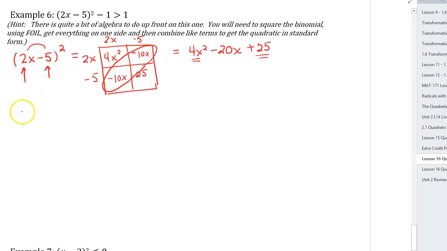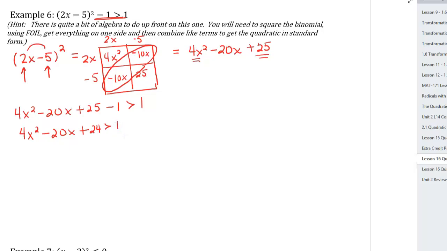So now we have 4x squared minus 20x plus 25 minus 1. So if we continue on with this, minus 1 is greater than 1. So we need to combine like terms. 4x squared minus 20x plus 24, because 25 minus 1 is 24, is greater than 1.